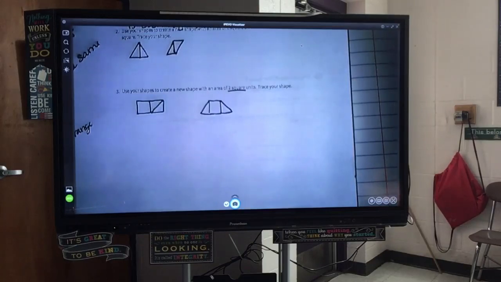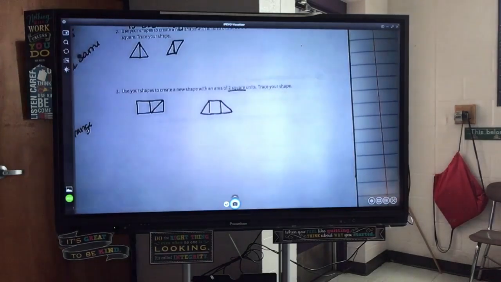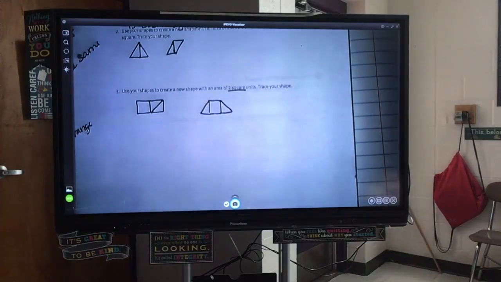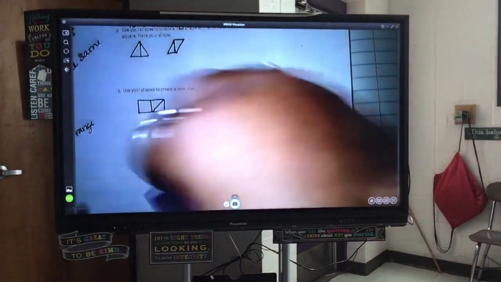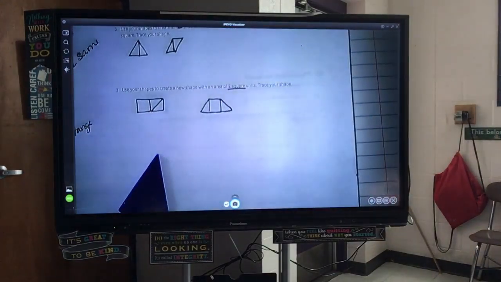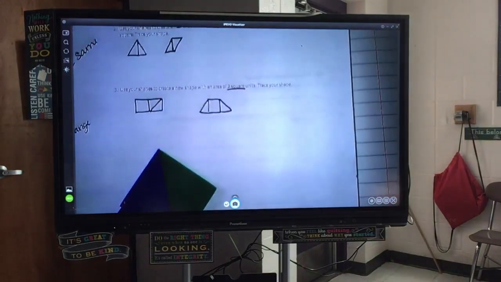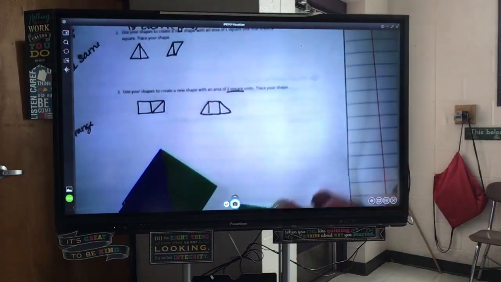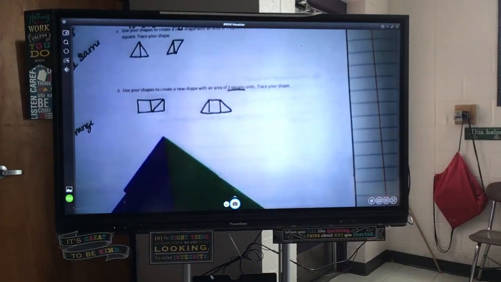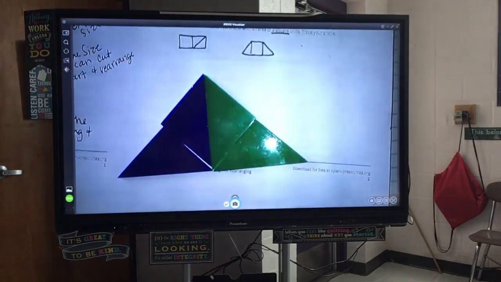I don't have any triangles. May I borrow 2 of your triangles real quick? All right, what about this shape? Stop with the noises, please. So what about that shape? Yes, you can.